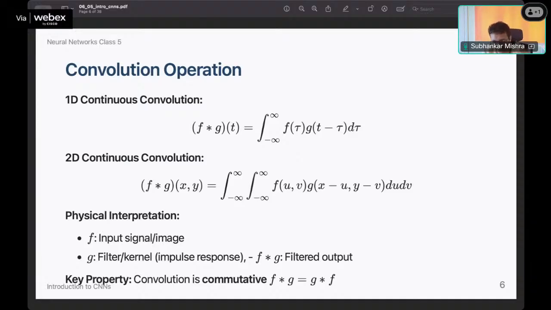At each time point T, we flip the G, because G is T minus tau, and we slide it to the position of T, and then we compute how much it overlaps with the function F, right? So when G is the kernel or the filter, we flip it, and we ask how much it matches the function.